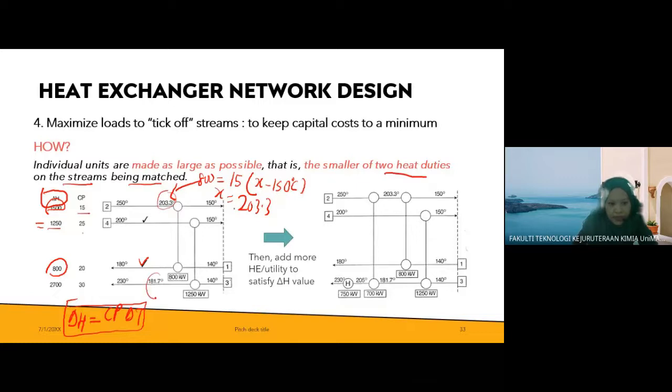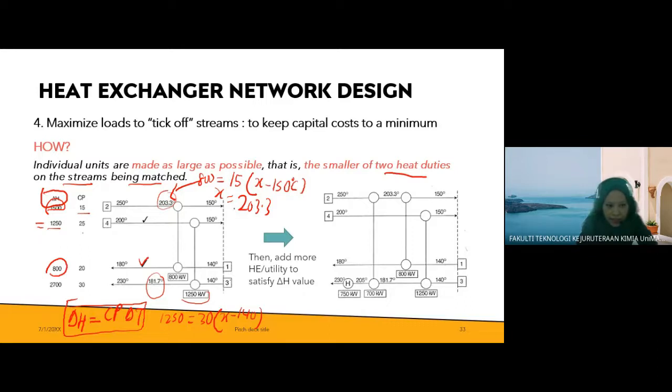This temperature, how to get? Using the same equation. So you know that the heat load here is 1250, equivalent to CP 30, okay. And this one, X minus 140, right?